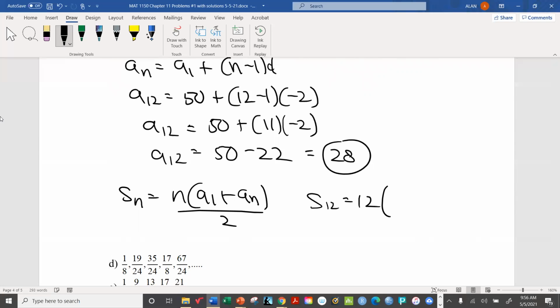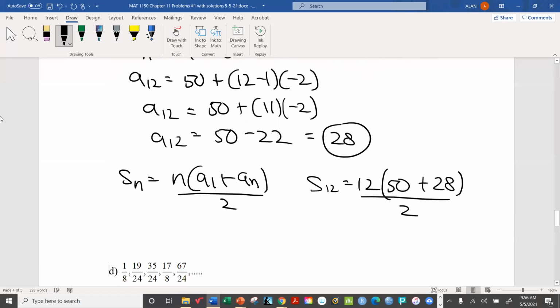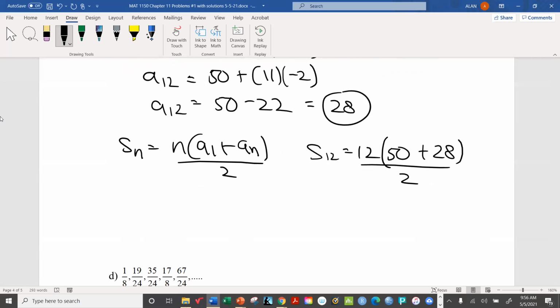All right, so the first term was 50, the last term was 28. So now you've got 6 times 78, and that's equal to 468.